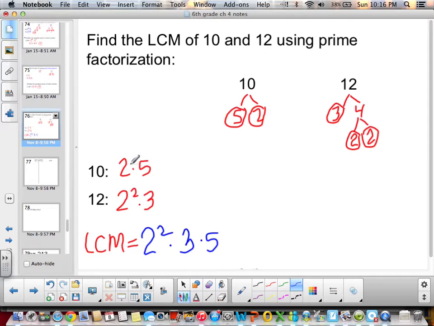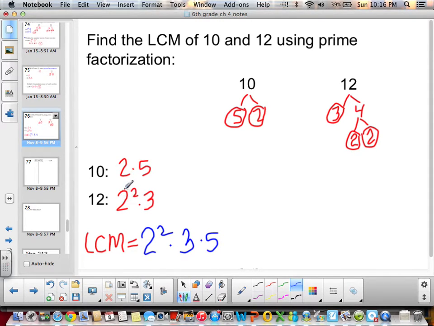So for whatever number it is, if it was 2 times 5 times 7 times 11, and 2 squared times 3 times 9 times 13, we would use every single one of those numbers. So it's just if there's more than one of the numbers, then we use the number with the greatest exponent.